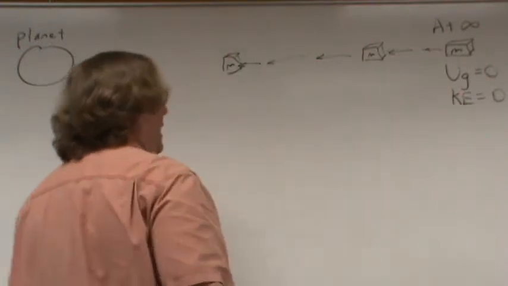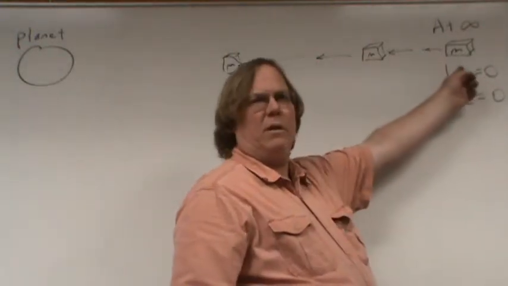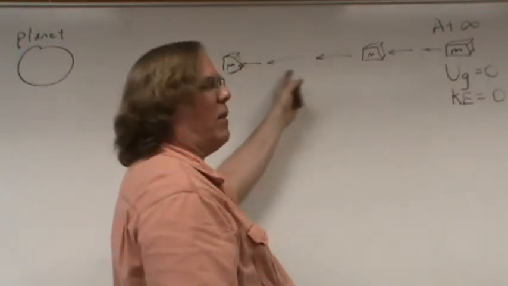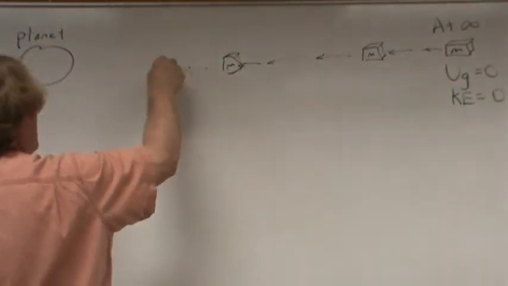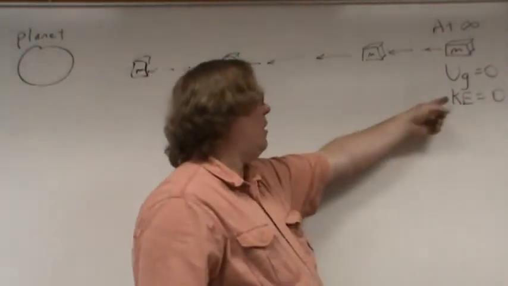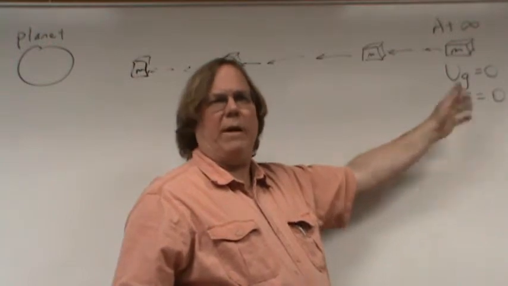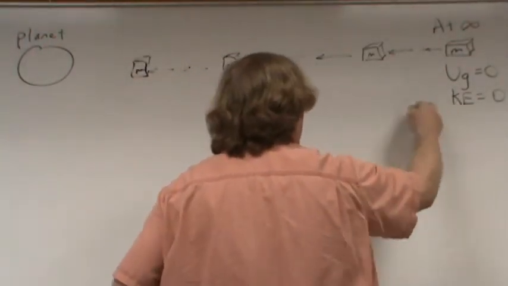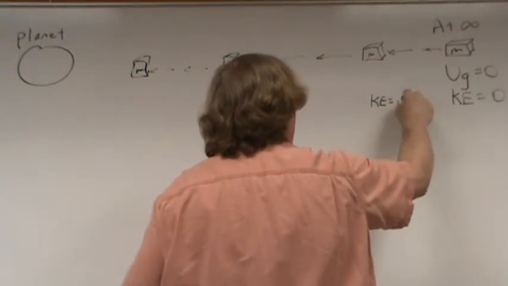And because here it's feeling an infinitesimal attractive force to the planet, a teeny tiny attractive force, but as it gets closer and closer, it's feeling more force. As it gets closer, what's happening to the kinetic energy? Oh wait, I promised myself I wouldn't ask you any questions. So as it gets closer, the kinetic energy is getting bigger.